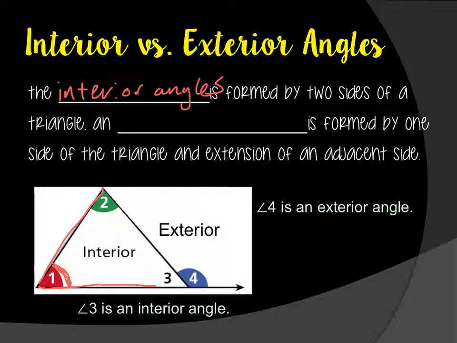The exterior angle is formed by one side of the triangle and an extension of an adjacent side. So if we take one side of the triangle and an extension of the side right next to it, we get the exterior angle.